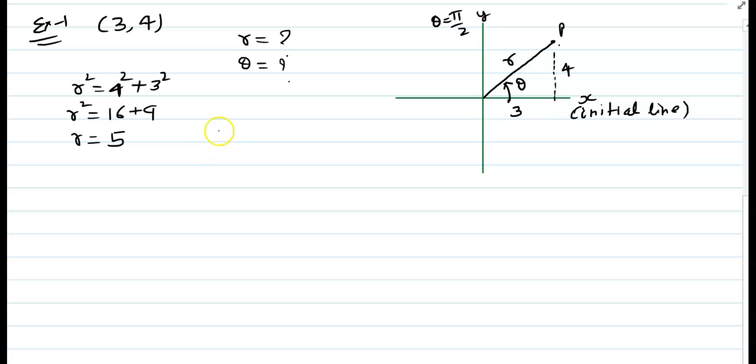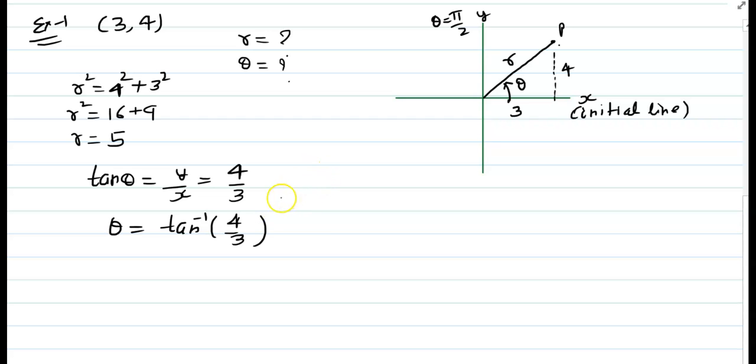Now tan theta is y over x. Y is 4 and x is 3. So we get theta equals tan inverse of 4 over 3. Set your calculator in radian mode, since we are going for radians. Once you put in tan inverse of 4 over 3, we get 0.9272.